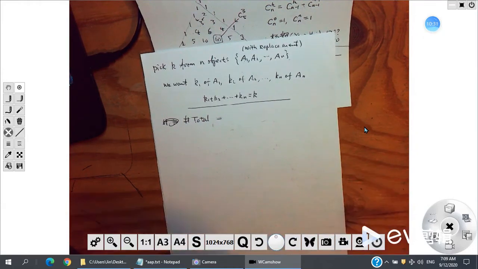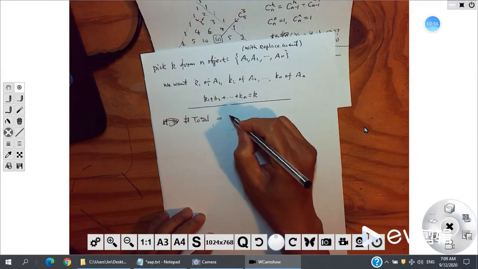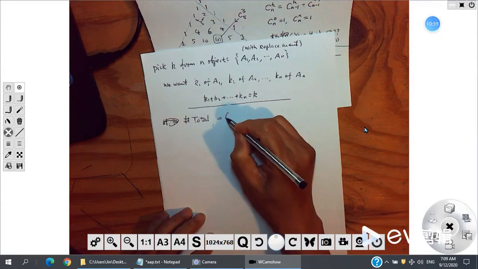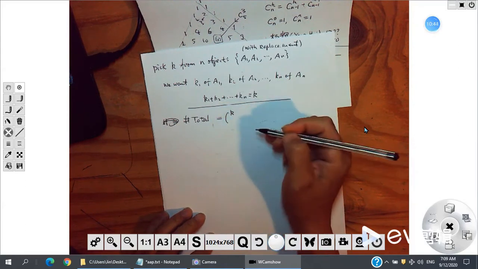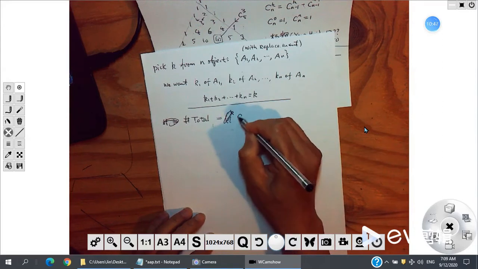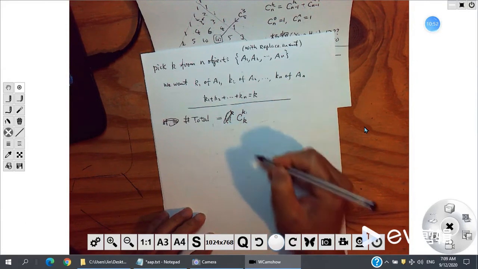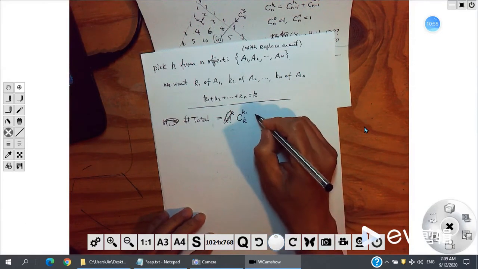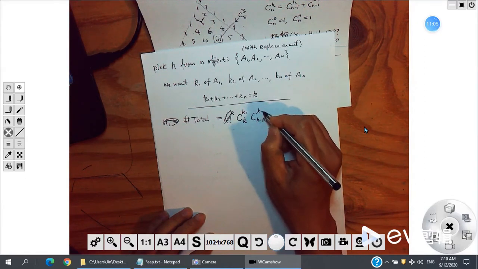Okay, now the thing is a combination. Totally we have k locations, right? I want to keep k1 for a1. And then after we pick this, we have another k minus k1 locations. In these locations, we need to find k2, and I will put a2 in these locations.